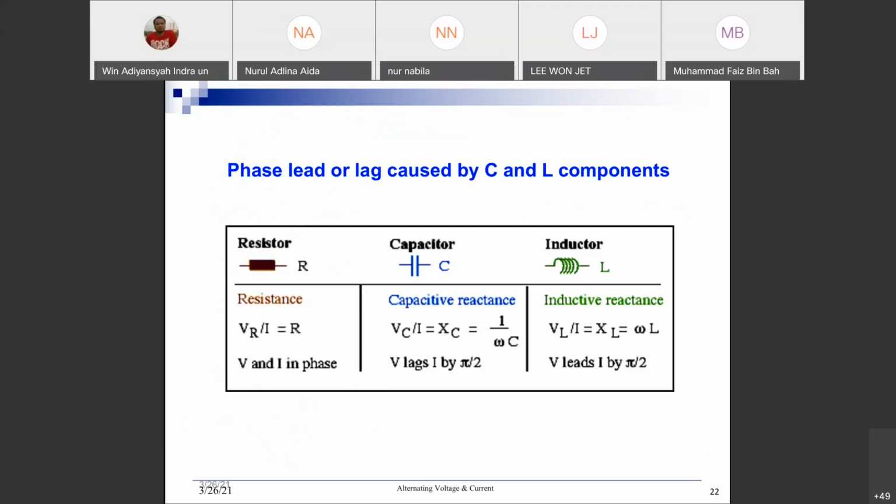For the lab, we can straight away proceed. I have uploaded the lab sheet. You can start doing it.